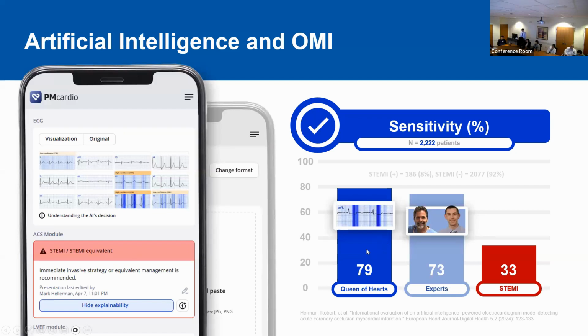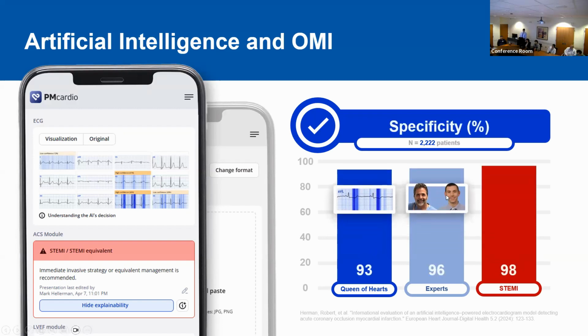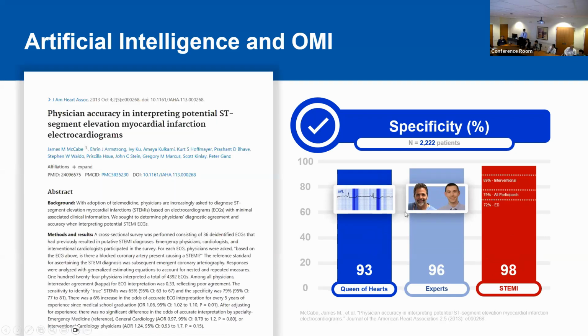What they found was that in terms of the sensitivity for occlusion myocardial infarctions, the model had a sensitivity for this outcome of 79%, compared to applying strict STEMI criteria, which only had a sensitivity of 33%. In terms of specificity, it looks like the STEMI criteria caught up and actually surpassed these other two groups. But I'll point out that the specificity of STEMI for occlusion myocardial infarctions was interrogated by Dr. James McCabe, an interventional cardiologist at the University of Washington, back in 2013.